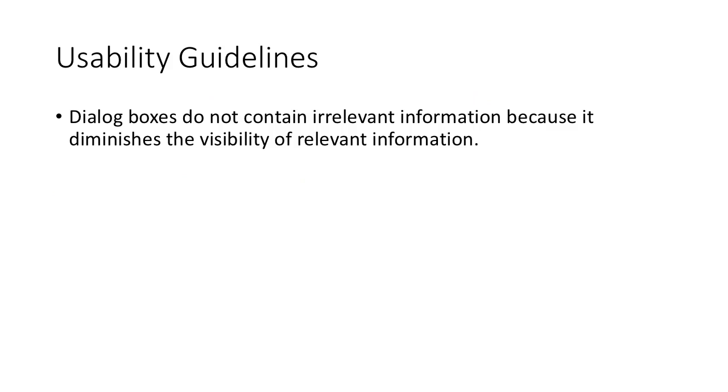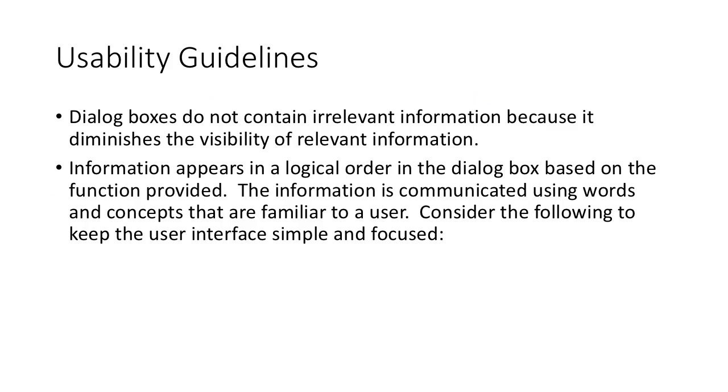So for example, dialog boxes should not contain relevant information because it diminishes the visibility of relevant information. So what does that mean? Essentially, you don't want to have things cluttering up dialog boxes for the sake of dialog boxes, where it's covering up things on your web page that are possibly more important.